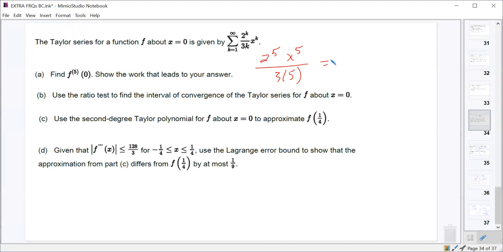All right, and so that ought to give us 32/15. But recognizing that the denominator also has to have a 5 factorial in it, that's going to give us a 120. Oh, sorry, I shouldn't put the 120 down there.